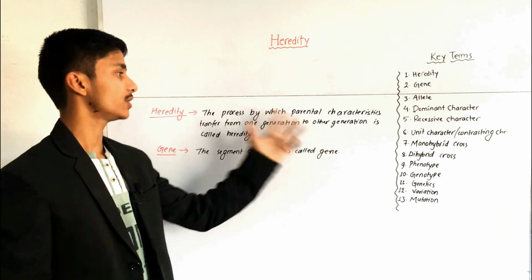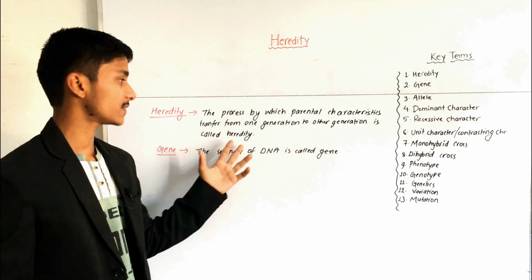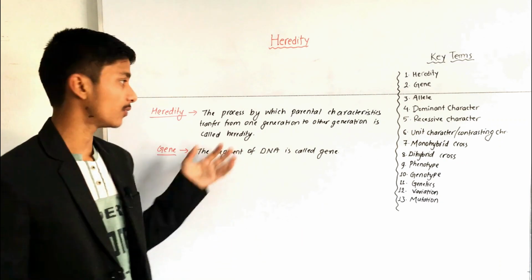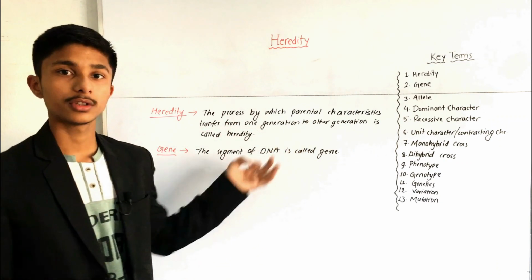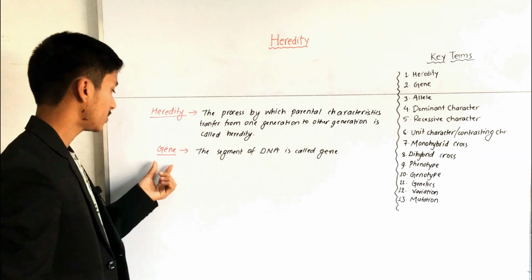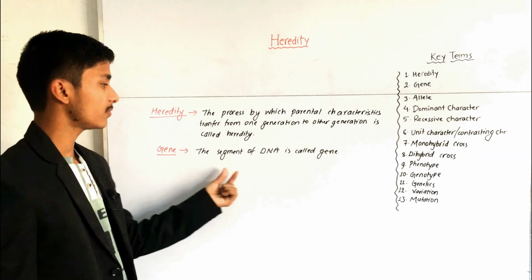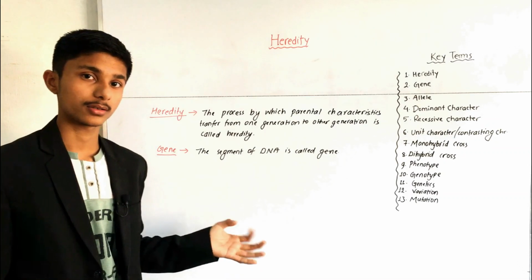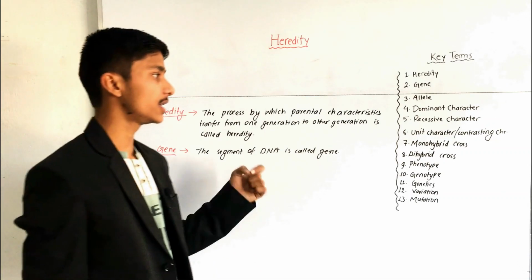The process by which parental characteristics are transferred from one generation to another generation, or from parents to their offspring, is called heredity. And similarly gene. What is a gene? The segment of DNA is called a gene.